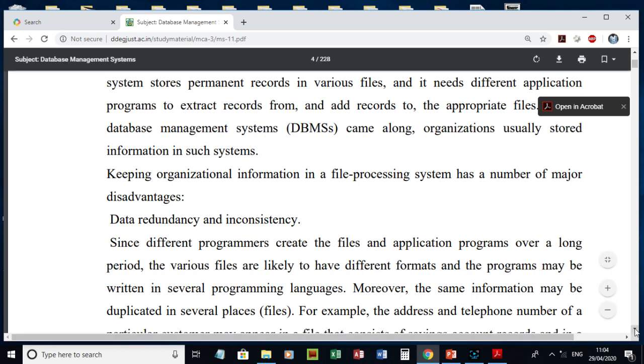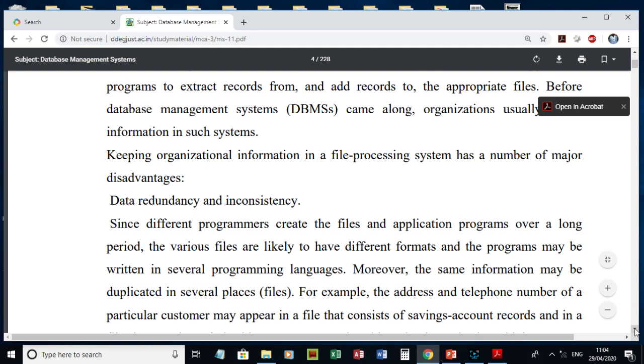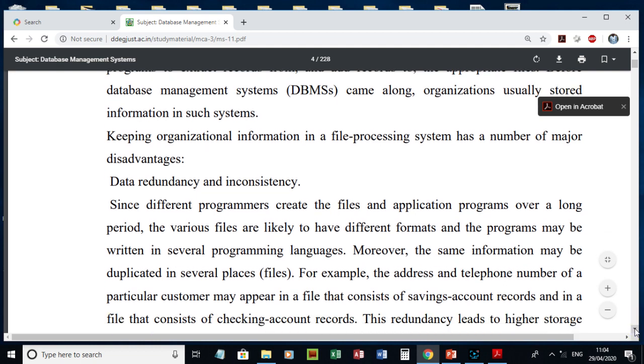What programming language do you know? For database management systems, you can say SQL.